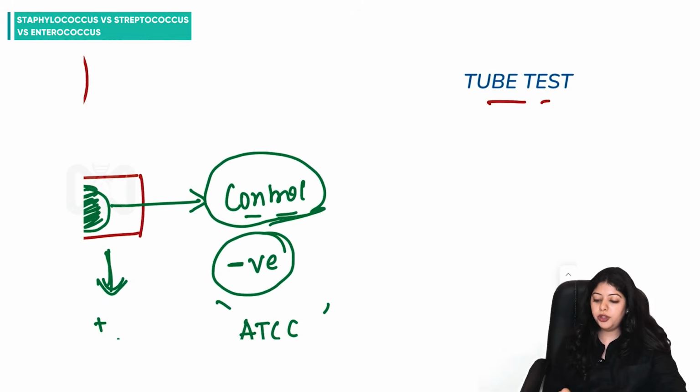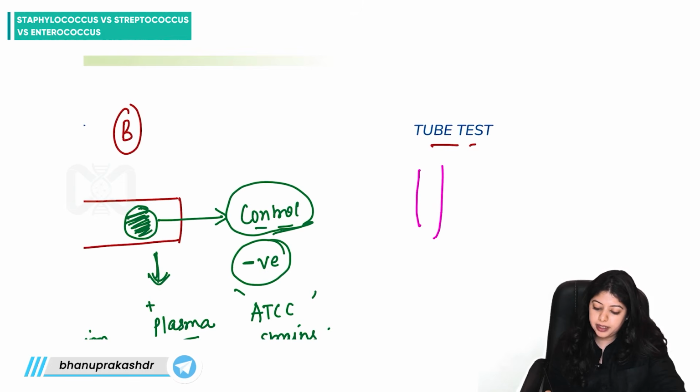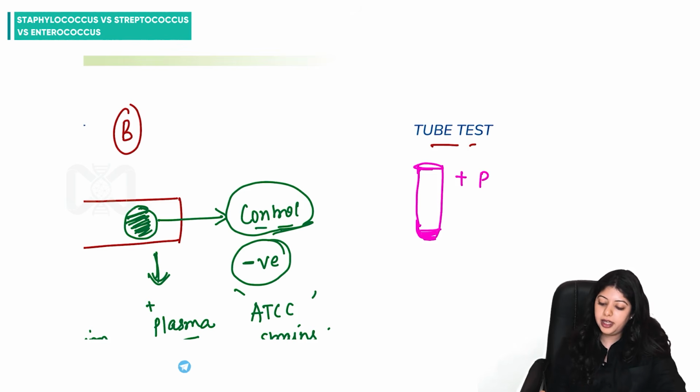So for a tube test, what are we going to do? Firstly, we'll have the bacterial suspension in the tube, the bacteria mixed with normal saline, and to that we are going to add plasma.